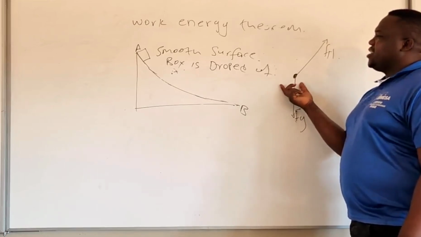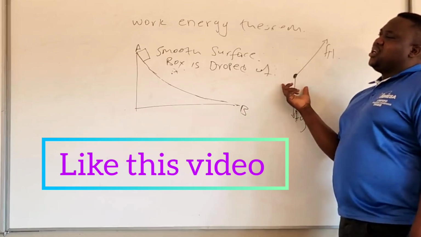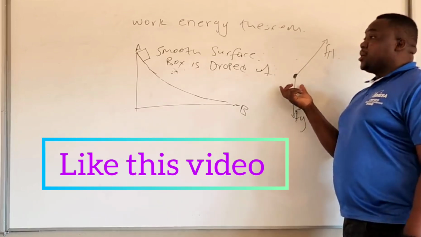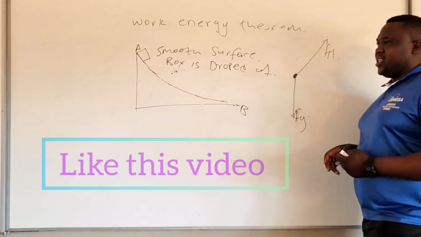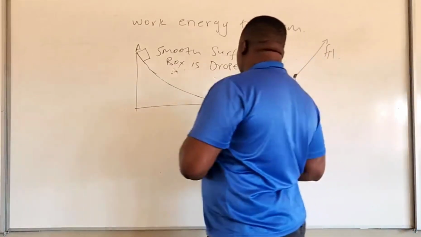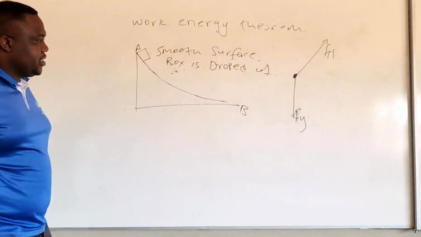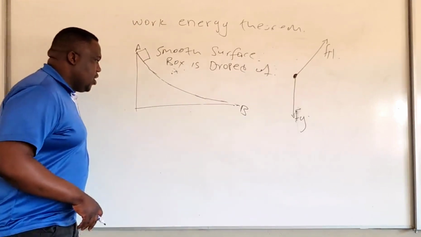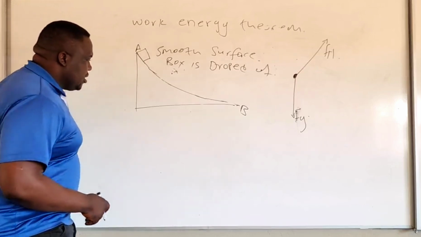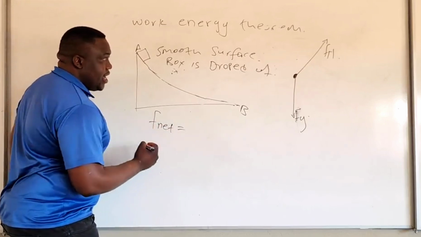Although I know that we're going to have one force, normal force, which will have the magnitude of 0, I'm not interested in that. I'm just teaching you what F net is. F net is the sum of all the forces that are acting on an object. It means that F net, how many forces are acting on an object?